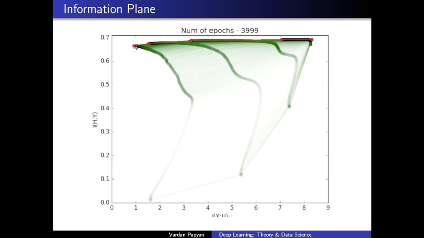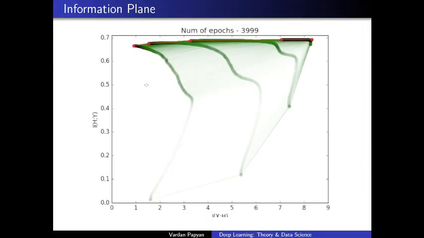here, each of these points is one of the layers of this network, and you can see that there are some lines. Let me zoom in. As you can see, there are some lines from right to left, and it is an information plane.